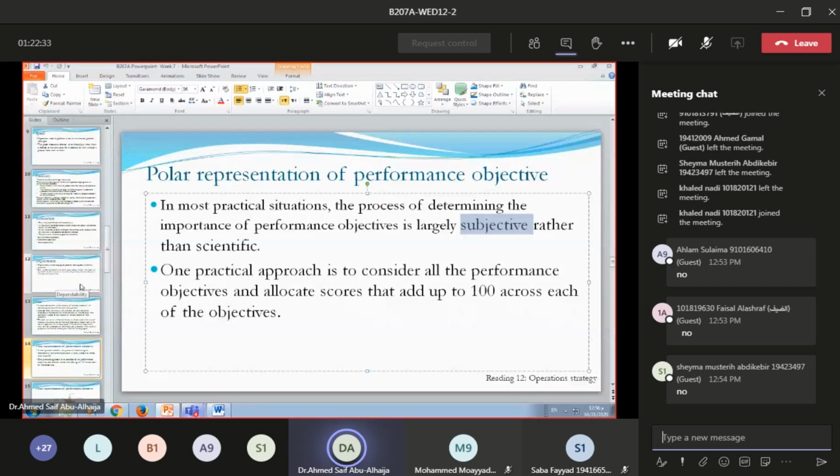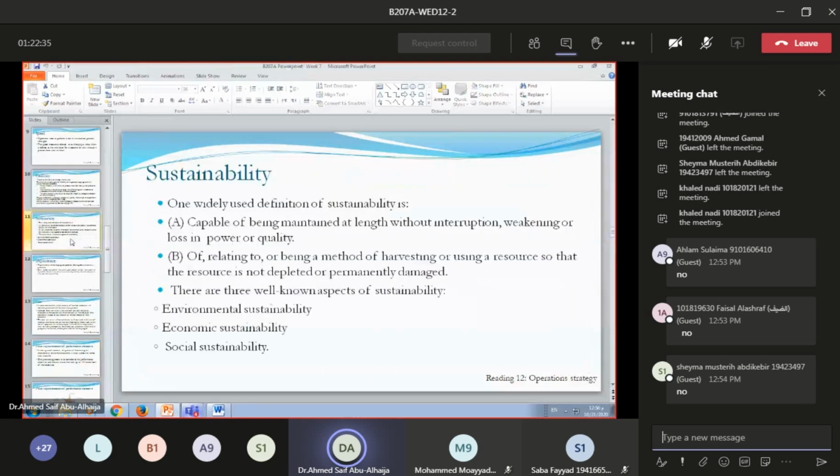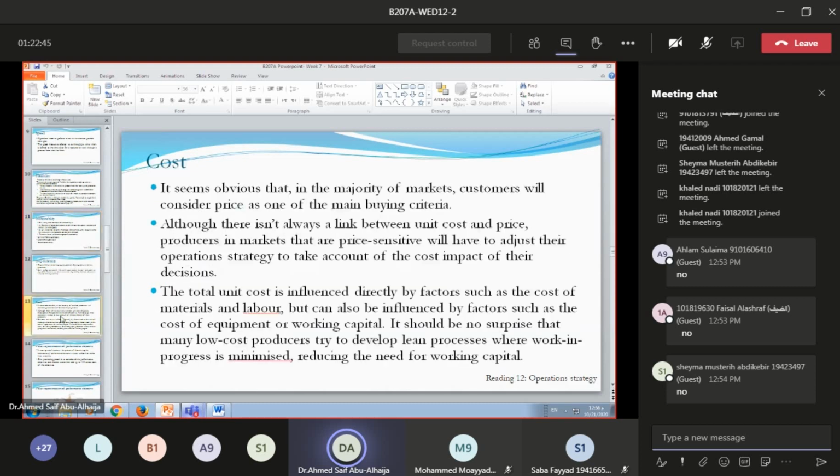In some countries, maybe sustainability is the most important thing, as a response to the requirements of the country. Maybe in other markets, cost is the most important thing because people there consider the price first.